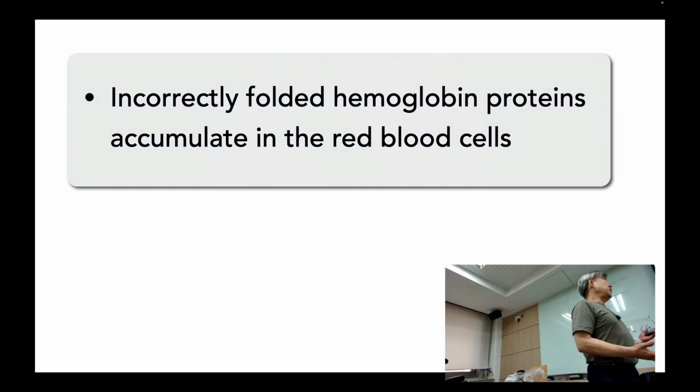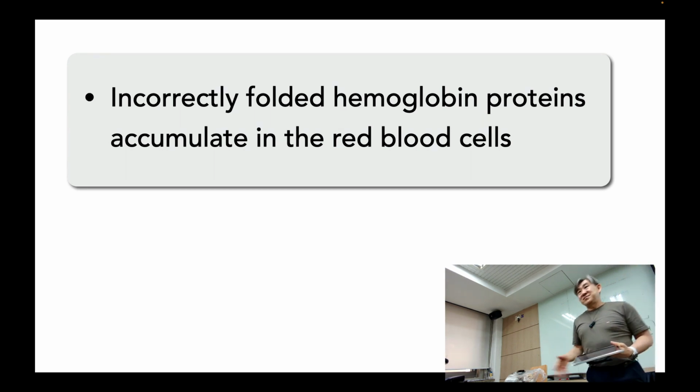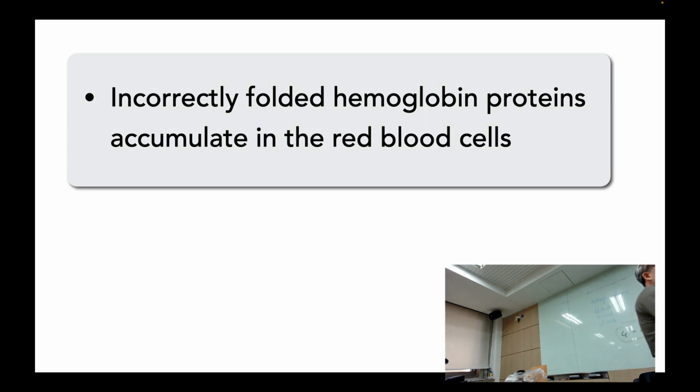So if you have this incorrectly shaped or folded hemoglobin protein, it accumulates in the red blood cell. Instead of each hemoglobin protein floating around in the blood and carrying oxygen, they combine together into a really long thread-like, fiber-like shape, and then settle down and sink in your cell.